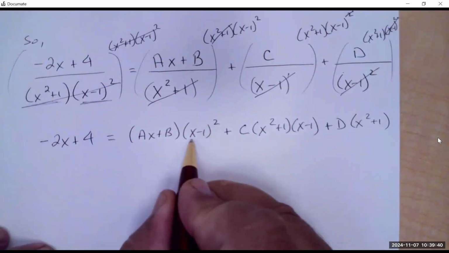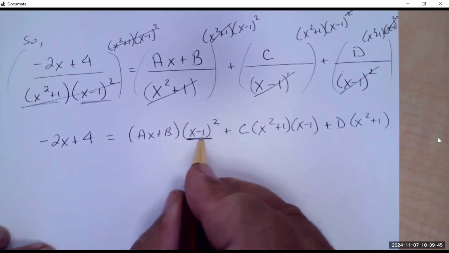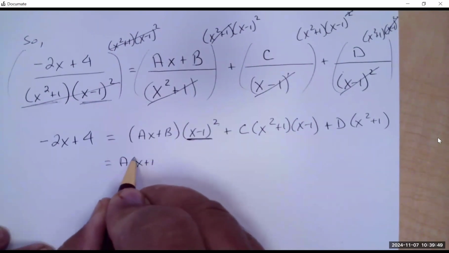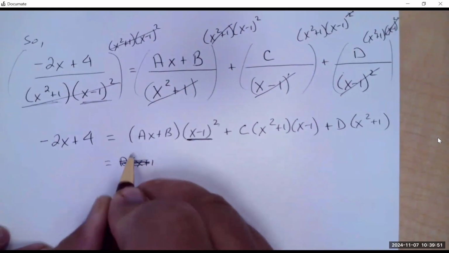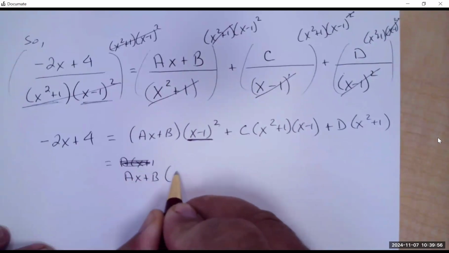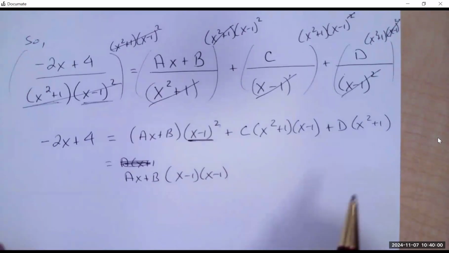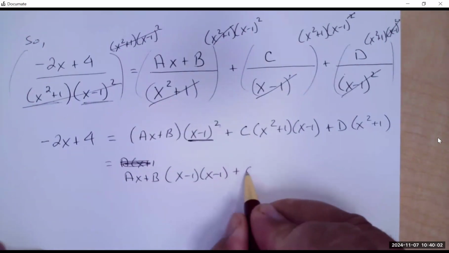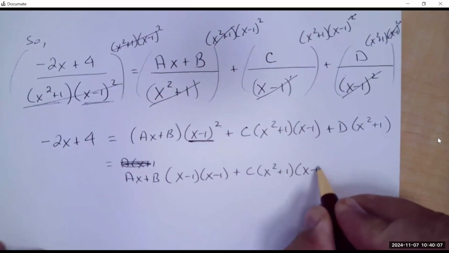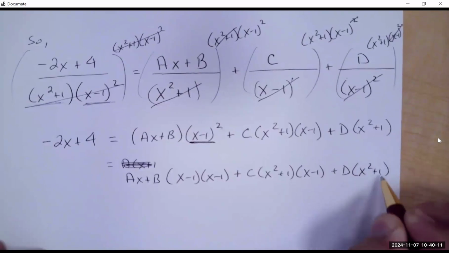Before we continue, we have to fix this one, because this one is ax plus b times x minus 1, x minus 1. Plus 1.